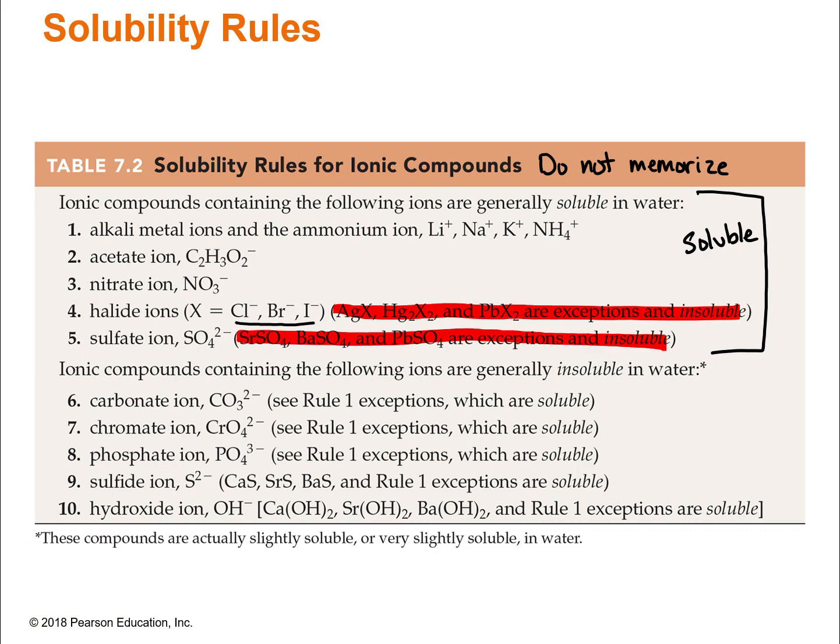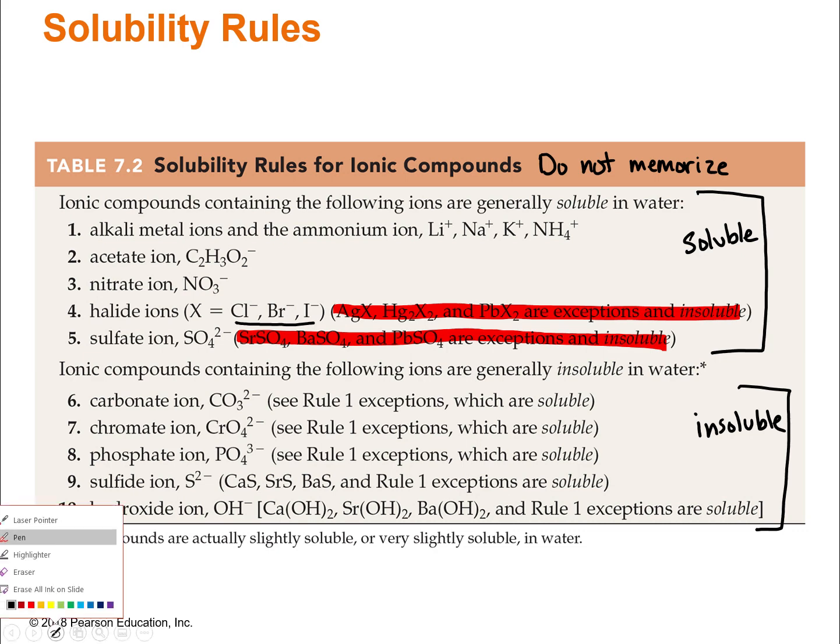Then we have 6 through 10. And this describes things that are insoluble. But we have exceptions here too. And pretty much the exceptions read like this. If it's a group 1A, then it's probably going to be soluble.